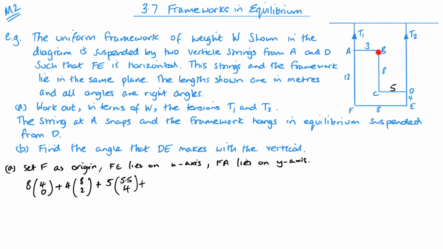Now we're looking at our BC. That's 4, and then halfway along the 8 is another 4. So that is 3 across, 8 up. Now we're on the top AB here. You can see now it's 1.5 across, 12 up.